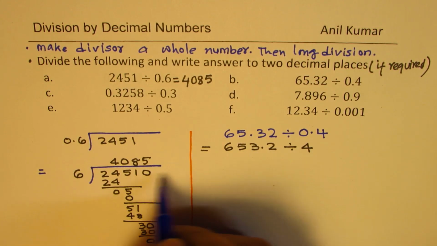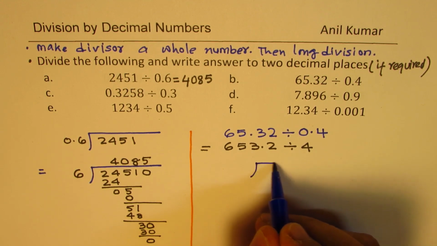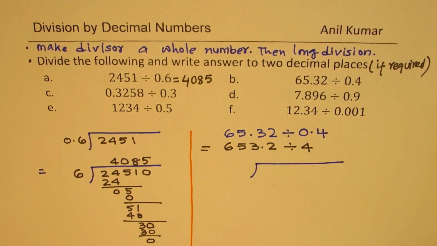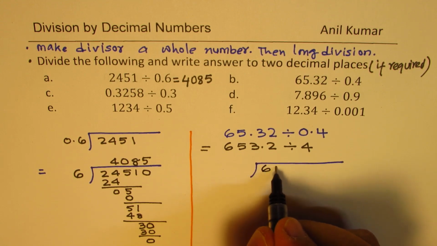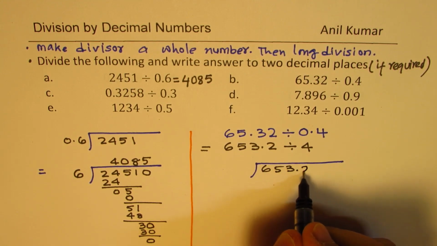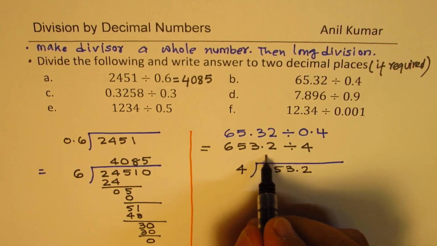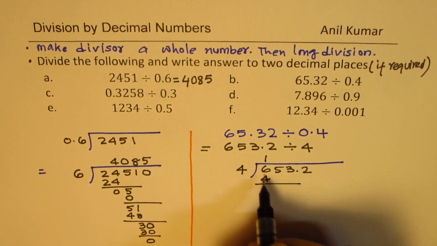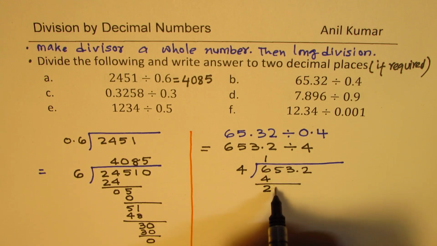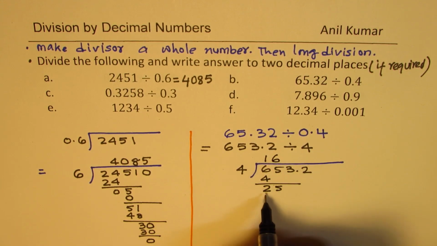So again, let's do the same thing which we did earlier, and we'll divide this time 653.2 by 4, right? Okay. So 4 goes one time, so we get 4 here, and we are left with 2. Bring down 5. 4 times 6 is 24.